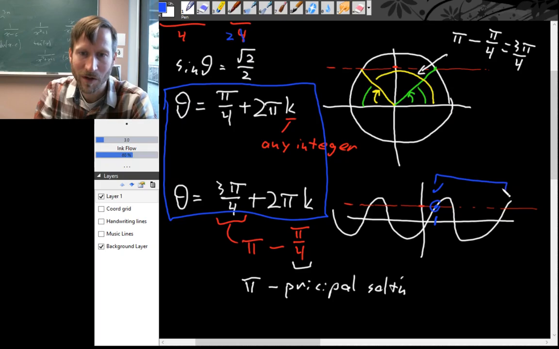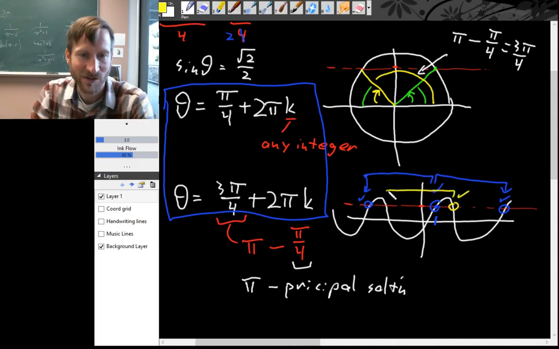And if we go forward a period, well, since we added 2 pi k, we have taken care of this one that's forward a period and the solution that is back one period. All right? And 3 pi over 4, that's this second positive solution, so we got that one.